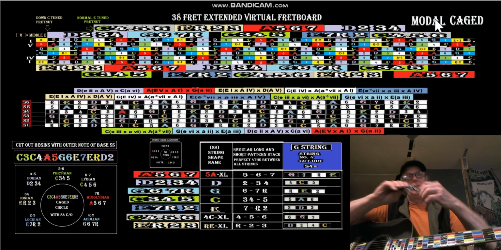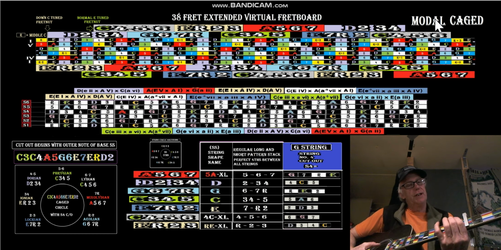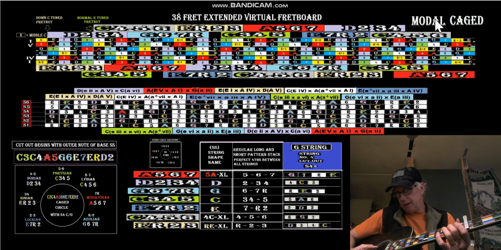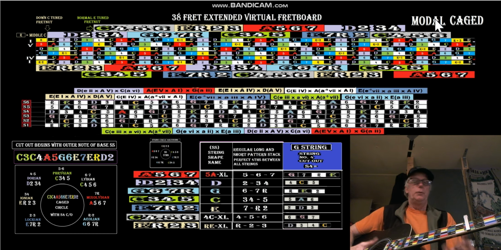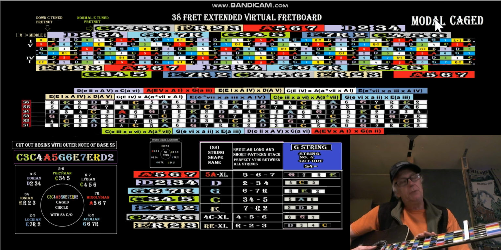Okay, let's borrow Mr. Capo for a minute. So we have our C, of course. Okay, we don't have to play the long pattern with the C, and by the way, we don't have to play it with the Locrian F either.